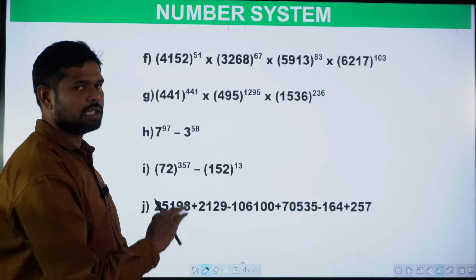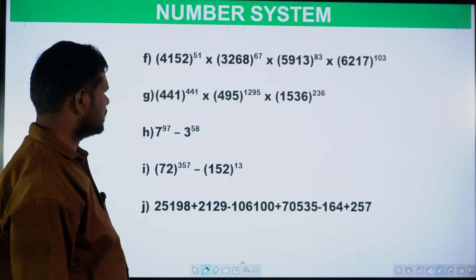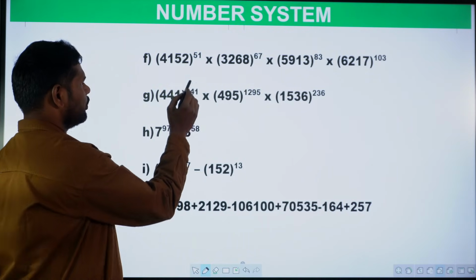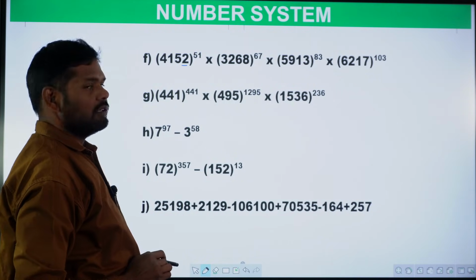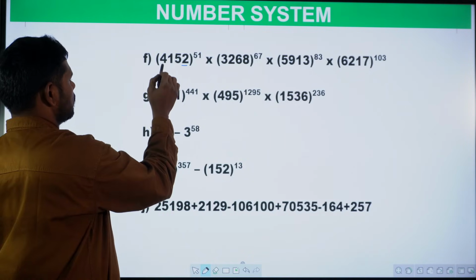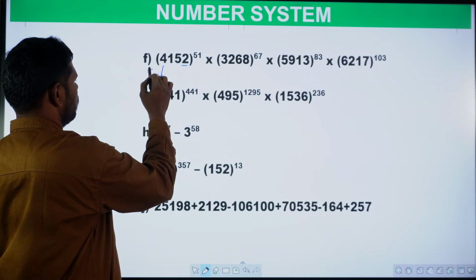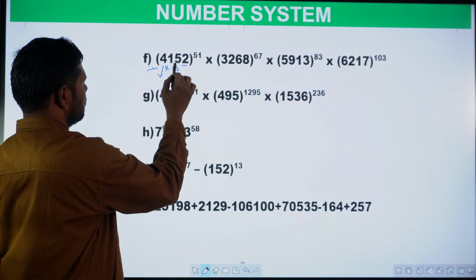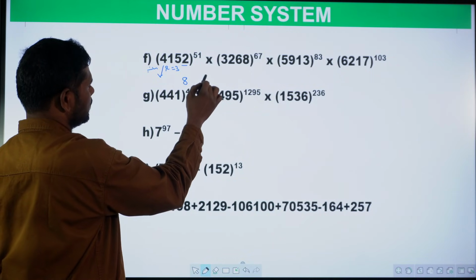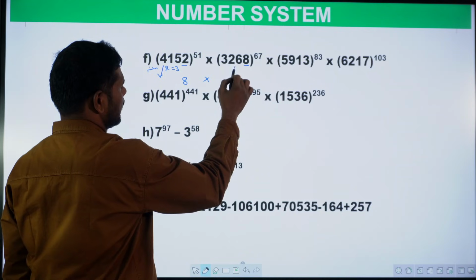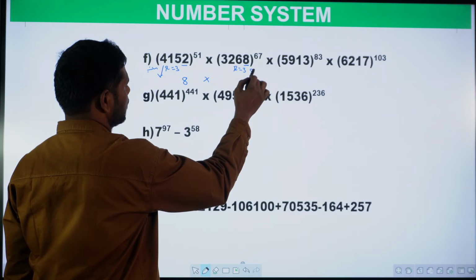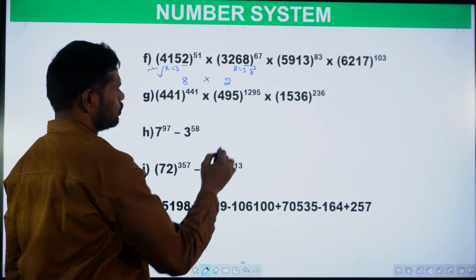Okay, some more questions based on that units digit concept. I simply write here, you practice. 2 power 51 means 51 divided by 4. After dividing by 4 we get remainder 3. Nothing but 2 cube, units value is 8. Then 8 power 67, we get again remainder 3. 8 cube, units place is 2.